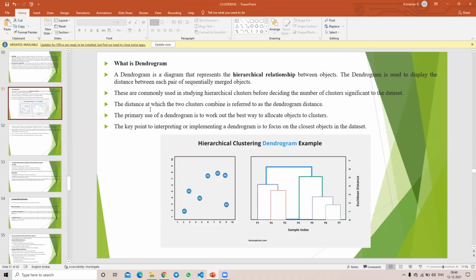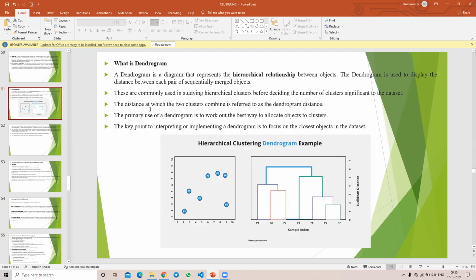Hi, in this section, we see what a dendrogram is. It should have been explained before, but I forgot: what is a dendrogram, and the advantages, application, and drawbacks of the hierarchical clustering algorithm, and later the conclusion.